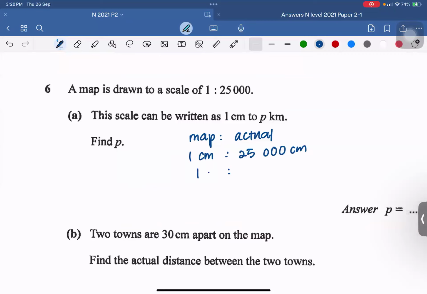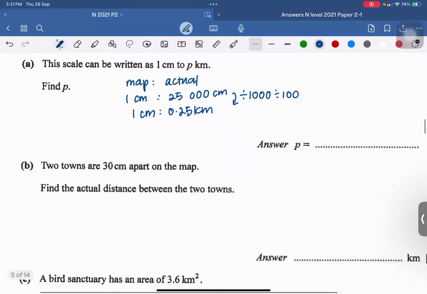Can you help me to change this to kilometer? Divide by how much? 100. 1,000. Both said the answers at the same time. So this will be 0.25 kilometer. Okay, find the P. So P is 0.25.